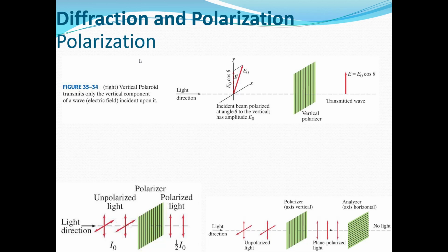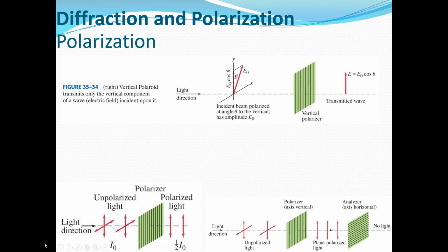So this combination means that it oscillates both in a vertical and a horizontal direction. So what we can do is create devices that will block one of those two components, or even just a combination of some of both components as well.